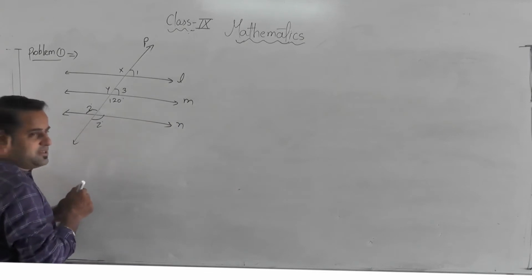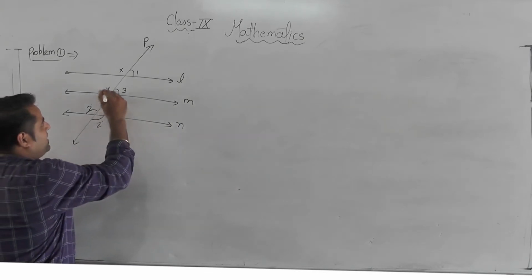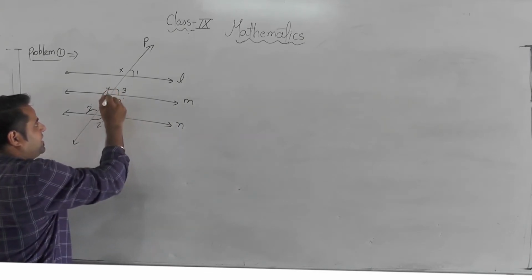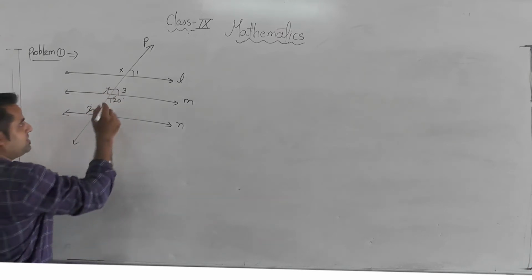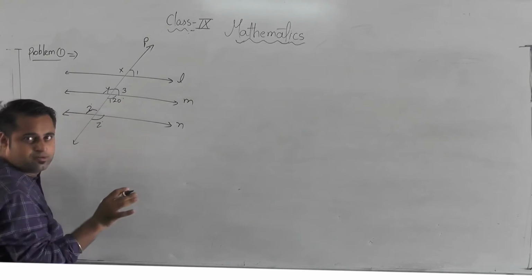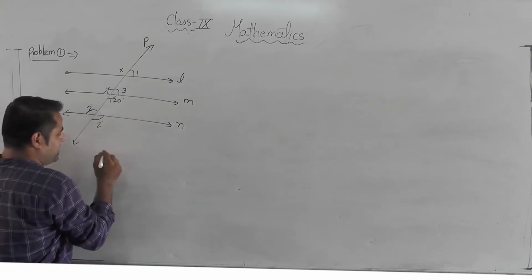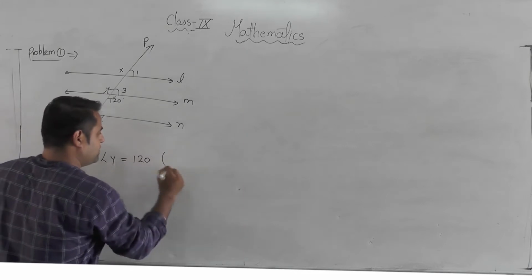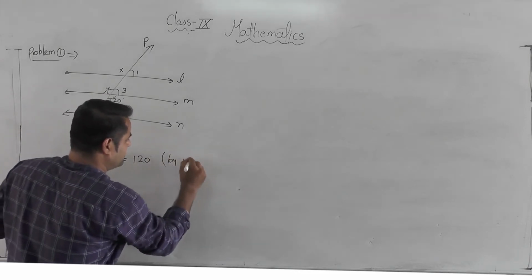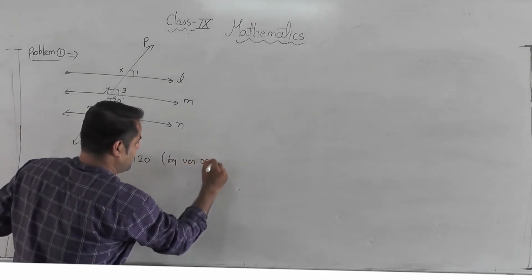First you can see that this y and this 120 are vertically opposite. We will start from that point because it is the only known angle. So we can write angle y is equal to 120 degrees by the vertically opposite angle property.